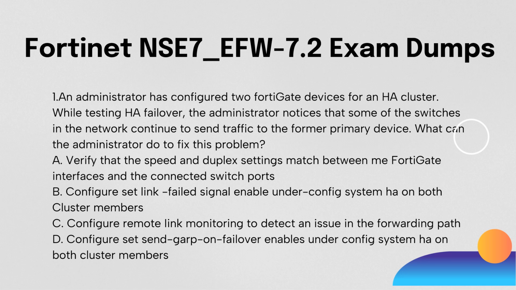B. Configure set link-failed-signal enable under config system ha on both cluster members. C. Configure remote link monitoring to detect an issue in the forwarding path. D. Configure set send-garp-on-failover enable under config system ha on both cluster members.